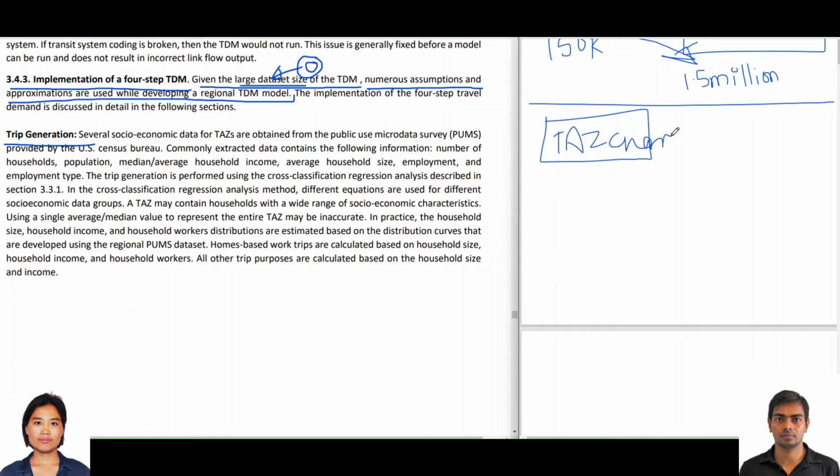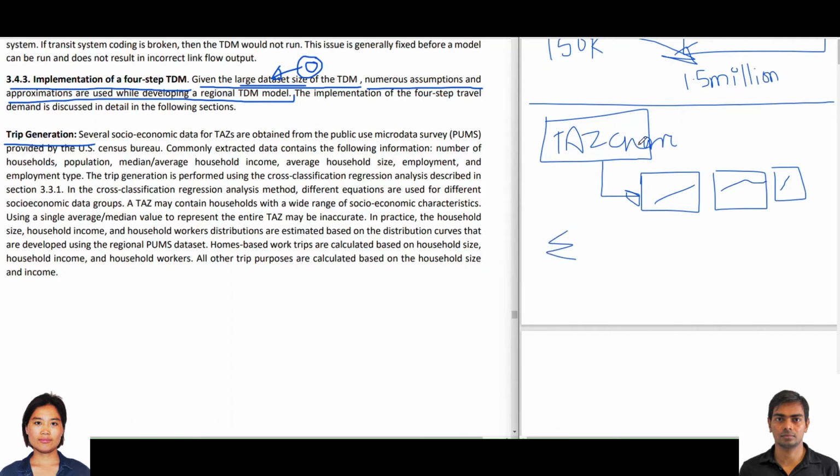We have TAZ characteristics. Based on the theory we discussed, we will use the TAZ characteristics to feed into different regression equations called cross classification regression equations. So we have different curves, and based on the TAZ characteristics, we will see which curve to use, and then we will sum up all the trips generated.